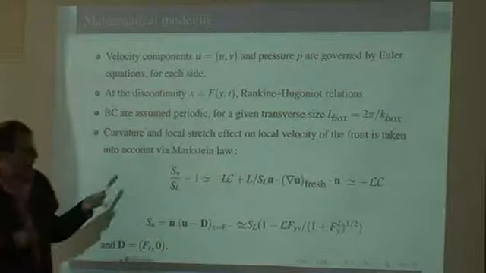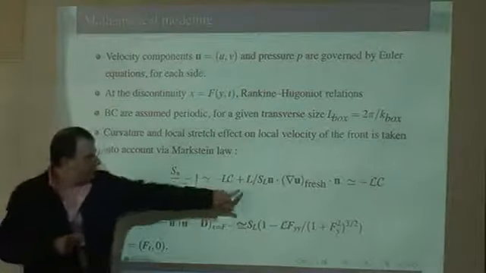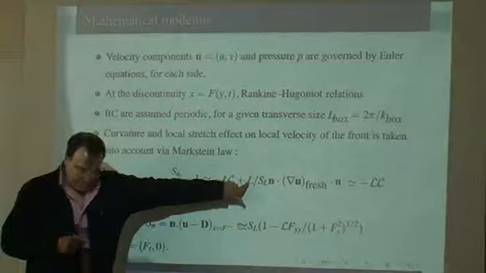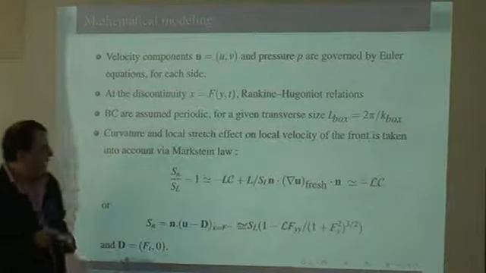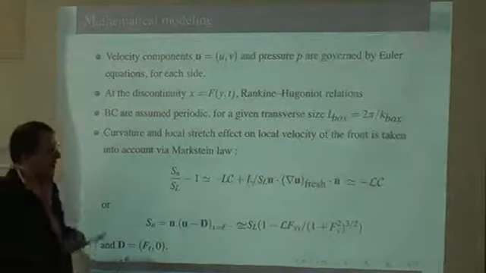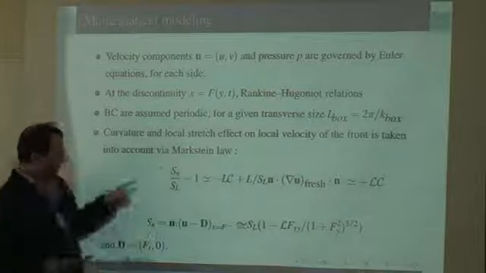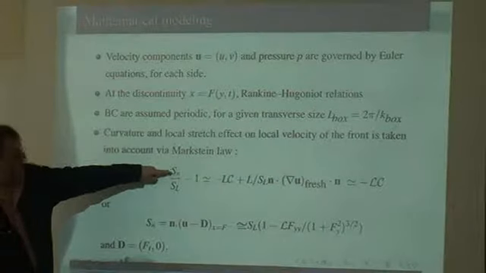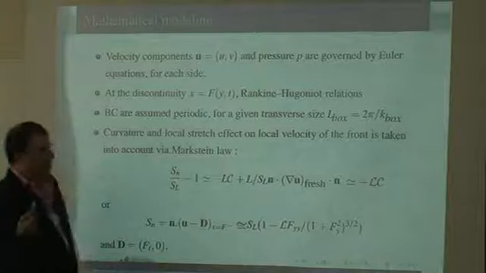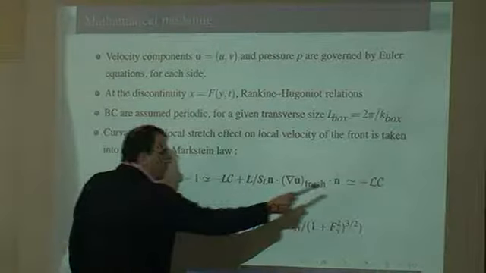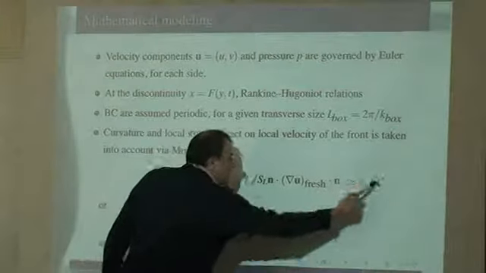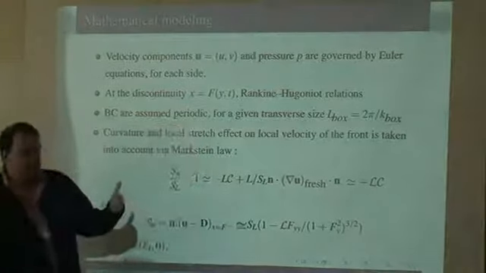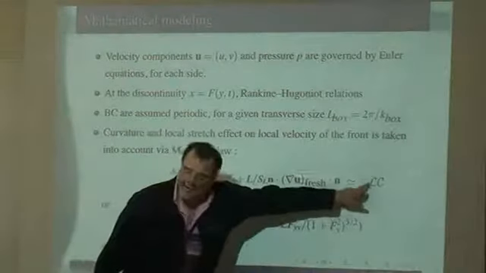Usually you may introduce two Markstein lengths, and what is usually done is that Sn is the normal flame velocity in the presence of a curved flame. You assume that this relationship is correct, so there is only one parameter introduced, the effective Markstein length.